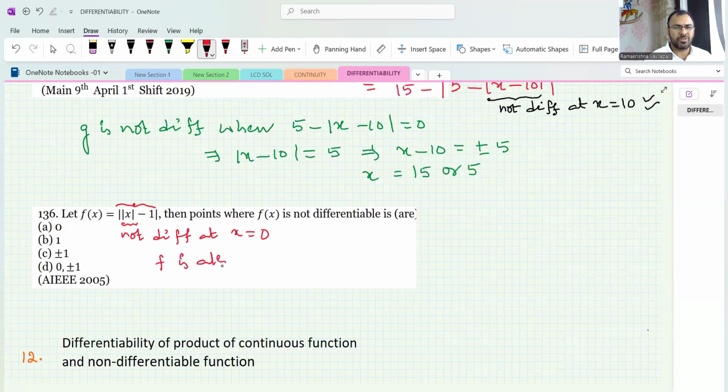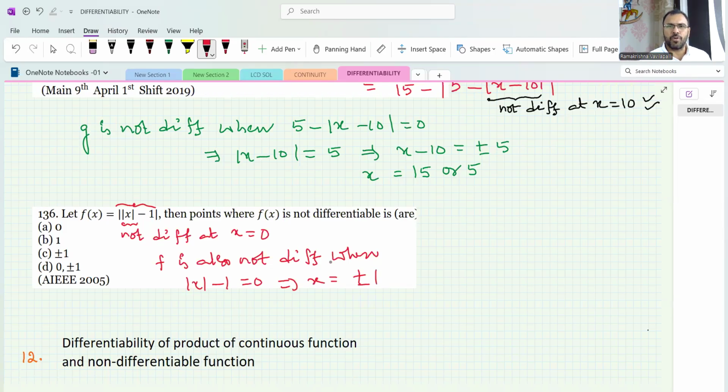F is also not differentiable when mod x minus 1 equal to 0, which implies x equal to plus or minus 1. So it is non-differentiable at 3 points.